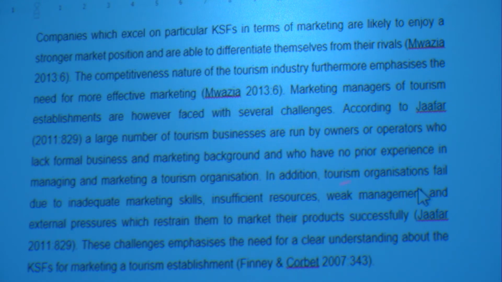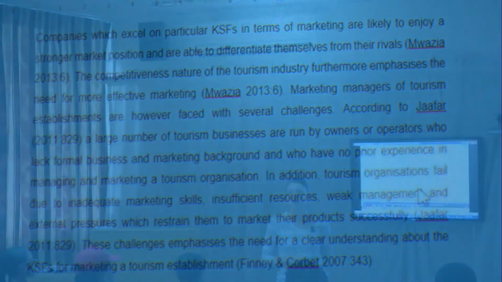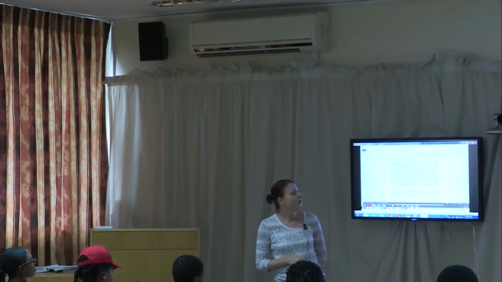In addition, tourism organizations fail due to inadequate marketing skills, insufficient resources, weak management, and external pressures which restrain them to market their products effectively or successfully. Those are problems facing the tourism industry in terms of marketing. Can you see that?